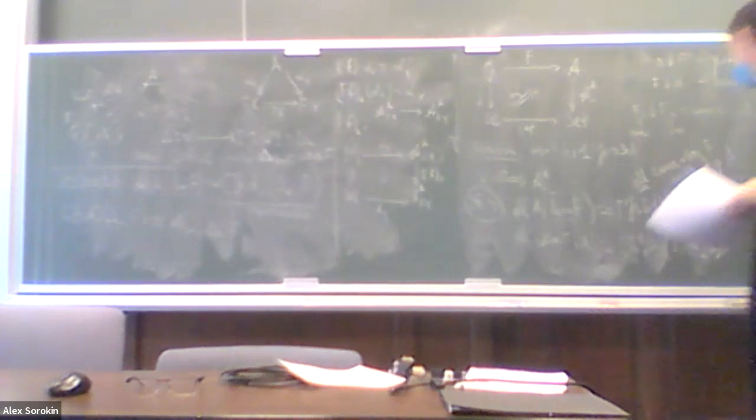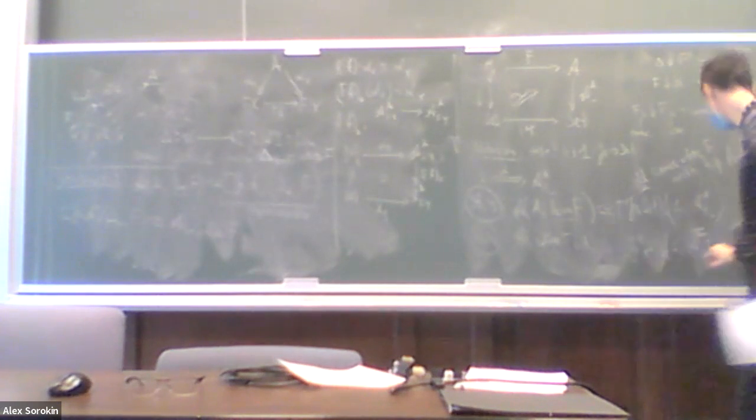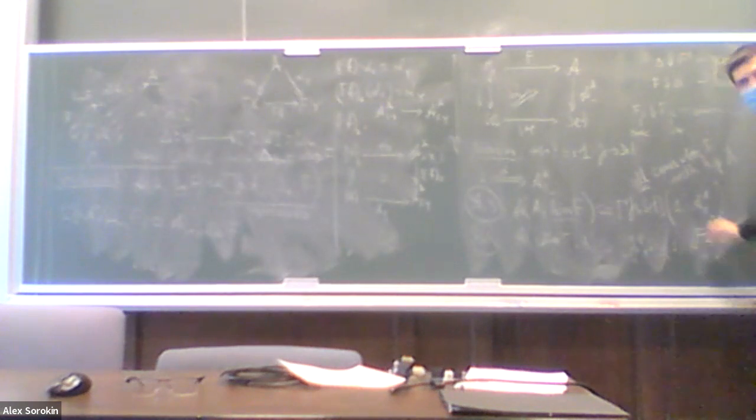Not along the map, but against the map. So that's why I'm getting here this functor. So from F to A, it's a leg of cocone, this guy. So it has F on the first place. So it changed contravariant.